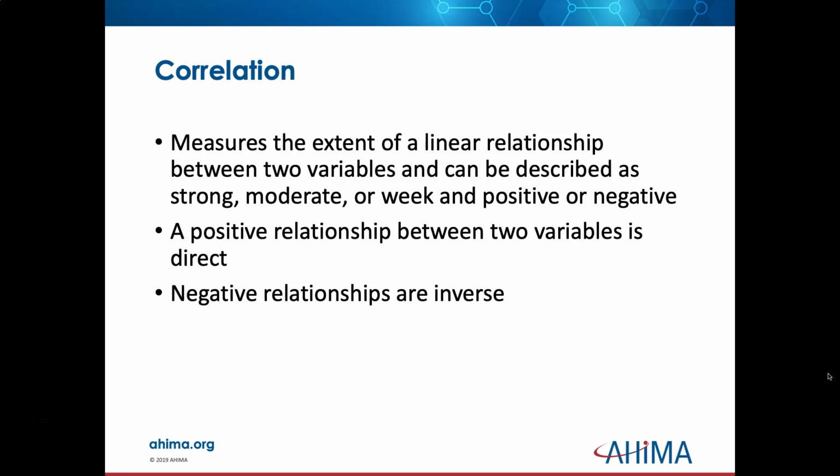Moving on to page 188, what is correlation? Correlation measures the extent of a linear relationship between two variables and can be described as strong, moderate, or weak, and positive or negative. A positive relationship between two variables is direct. Negative relationships are inverse. And it goes over all those on pages 188 and 189. So, correlation.